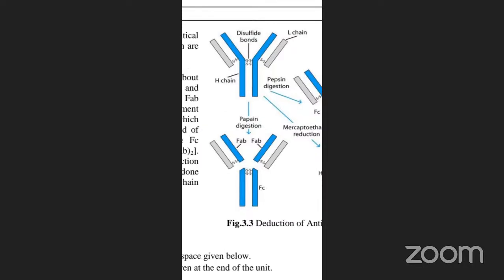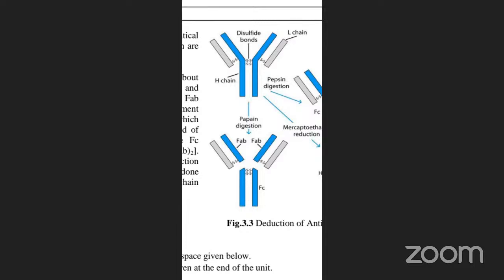The two FAB remain the same, and the FC remains the same, but they are all separated. They are not associated with each other now. Is it clear? Okay. So after digestion with the peptide, you are getting two separate FAB regions and one FC region. Three strands you will get.